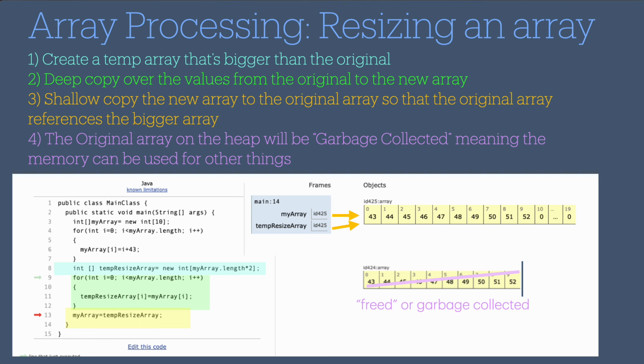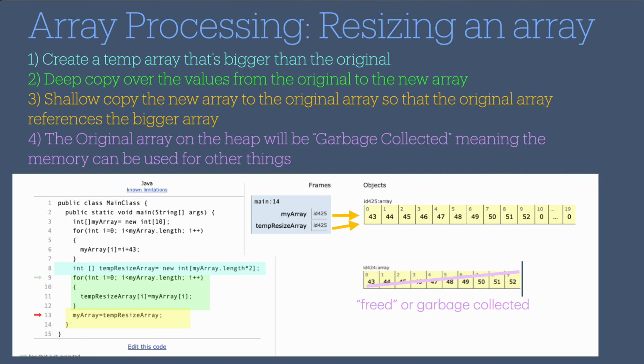Okay, it's free. Those values are eventually going to be overwritten by something. Okay, so what you have here is you have my array that's been resized for all intents and purposes, right? And the original array that my array was referencing has been garbage collected and freed.